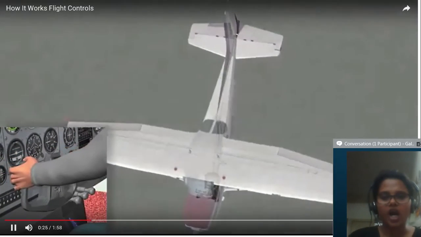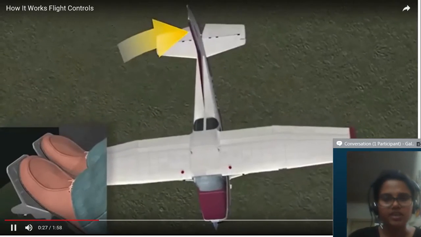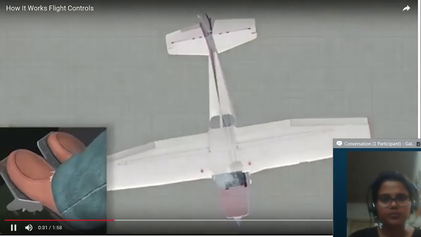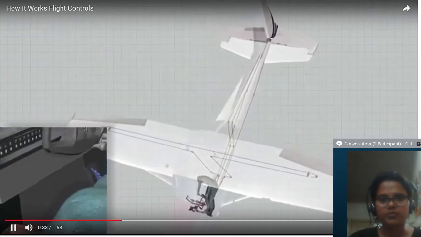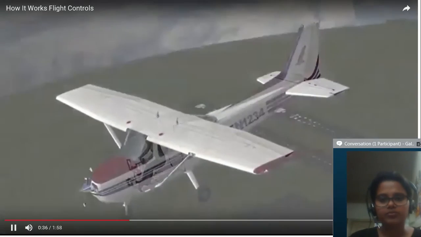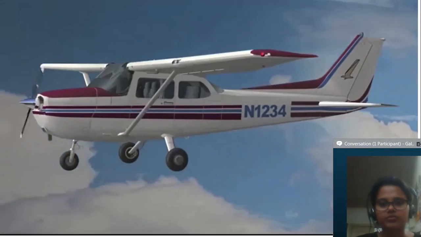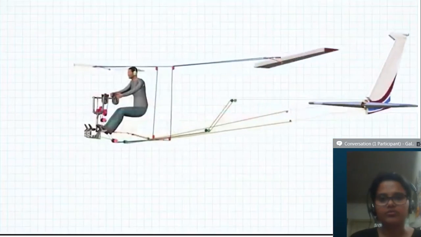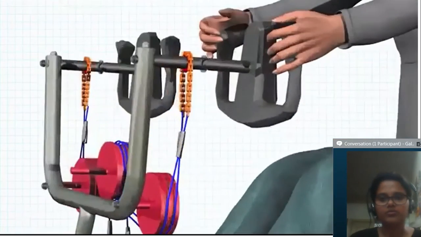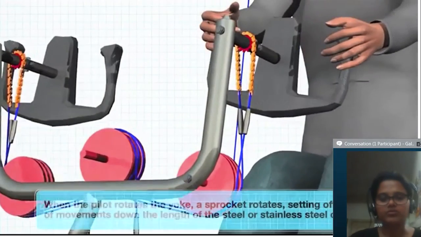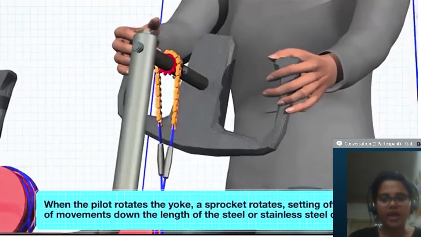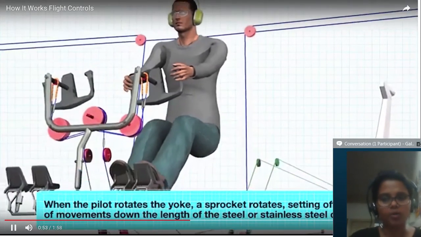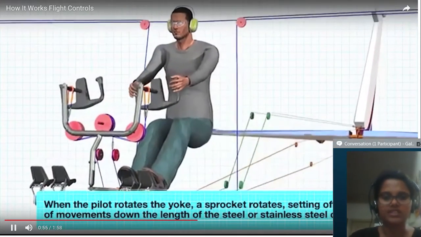Here it's showing how the person is getting the signal from radar and controlling the system. When the pilot rotates the yoke, a sprocket rotates, setting off the condition of movements down the length of the steel or stainless steel.